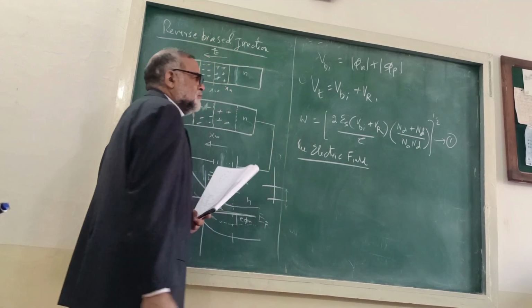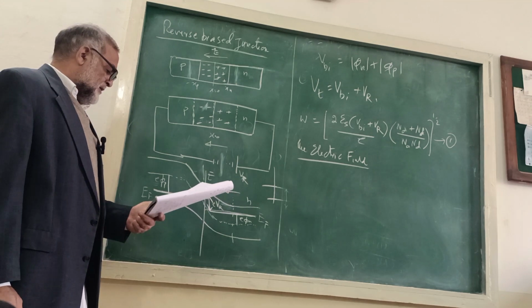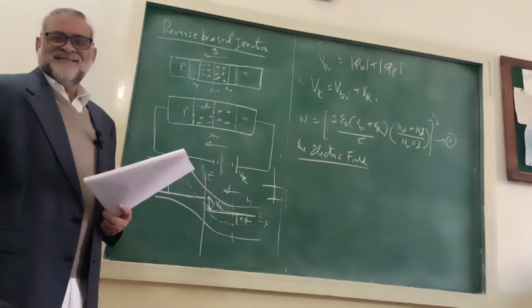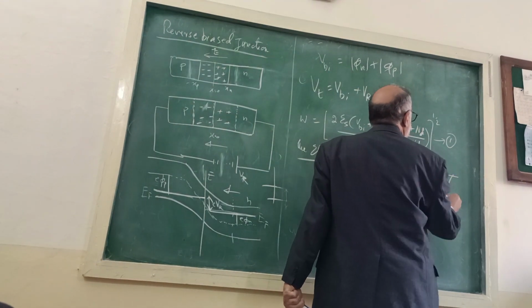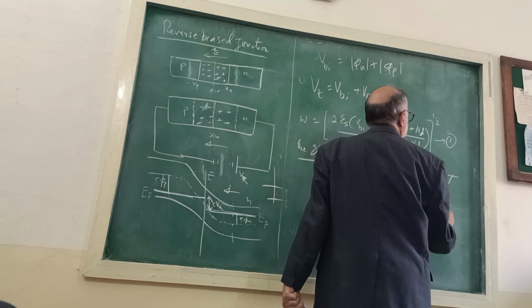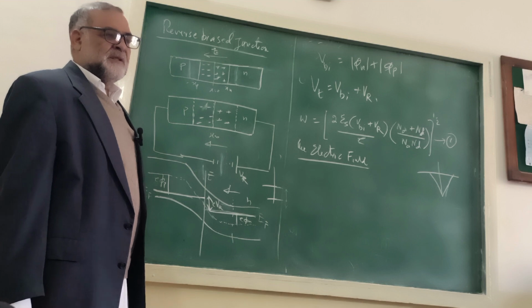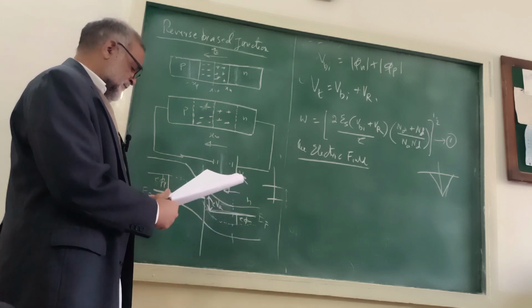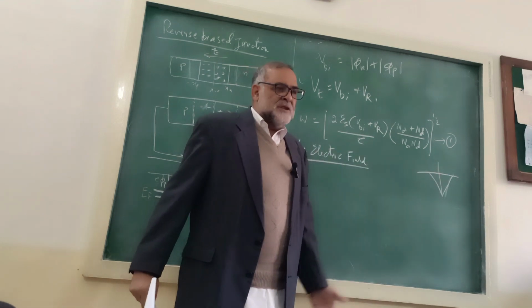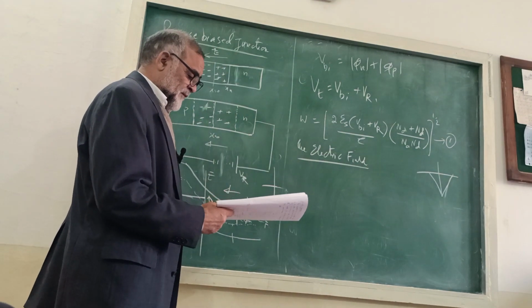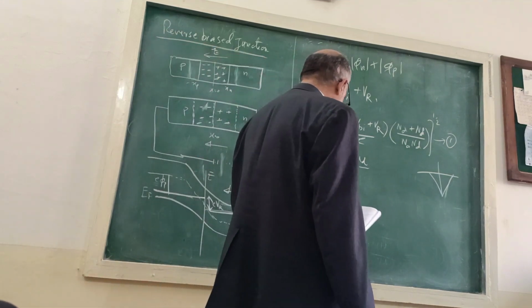If you remember, the maximum field was at the center, x is equal to 0. You remember that? The graph of the field: the magnitude of the field is greater at the center and is 0 at both ends. When the space charge region finishes, the electric field gets 0. So the maximum was at x is equal to 0.